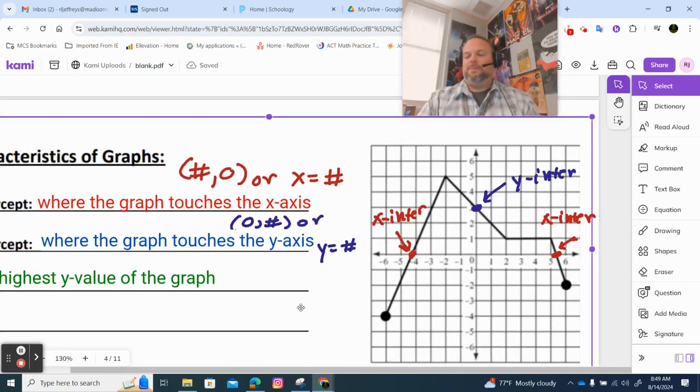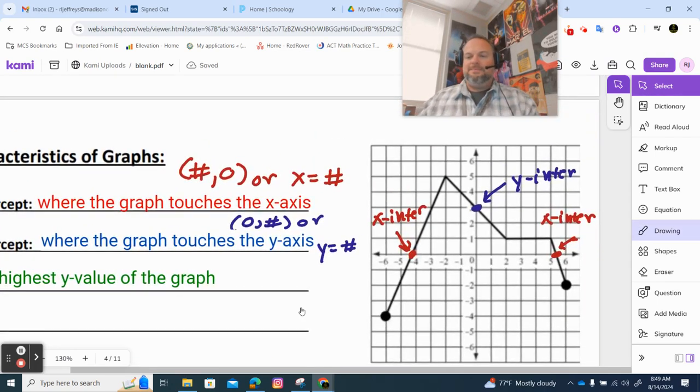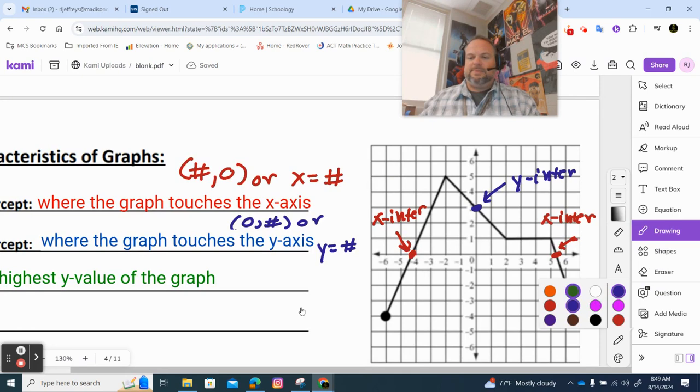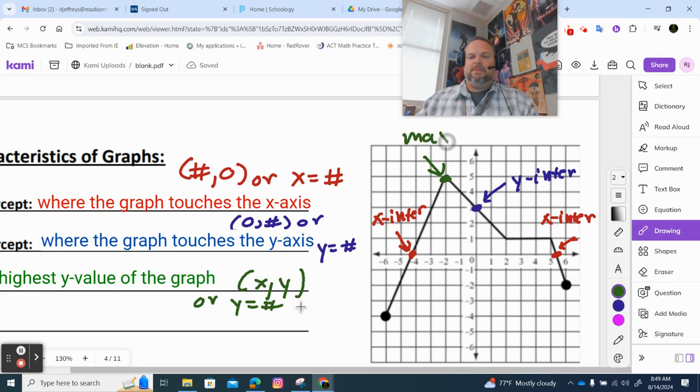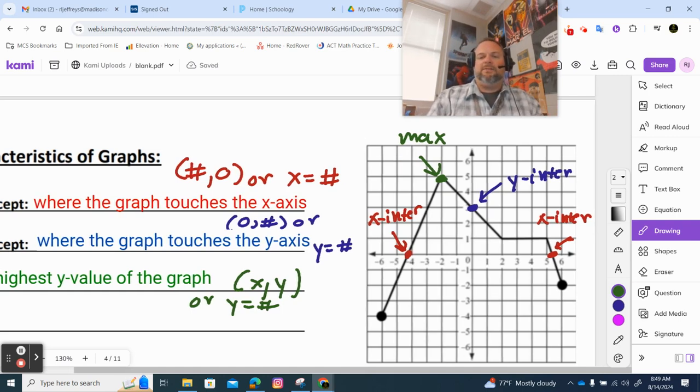All right, so this would be here. This is normally like the x. You could do xy or y equals the number. Like this would be our max. That's our highest point of the graph.